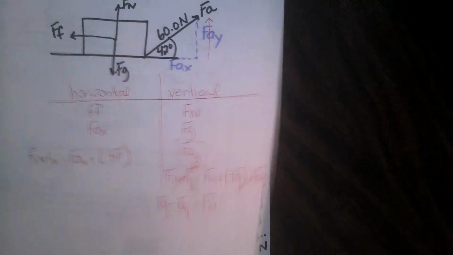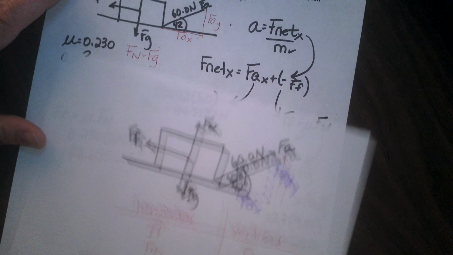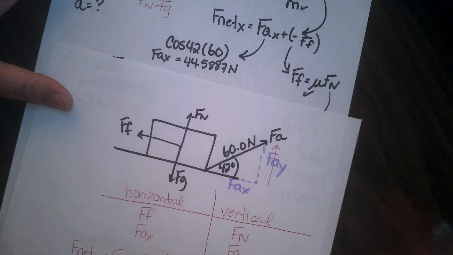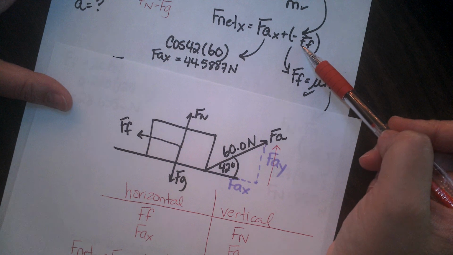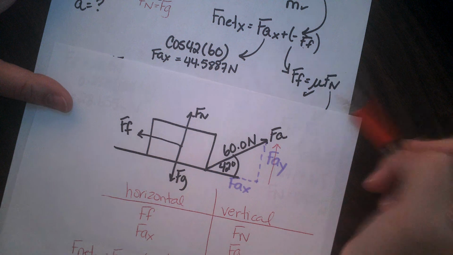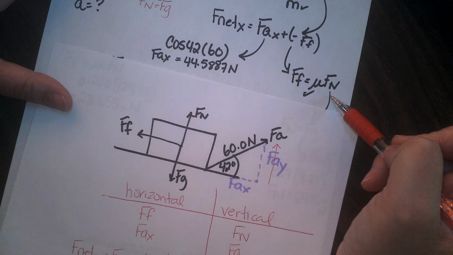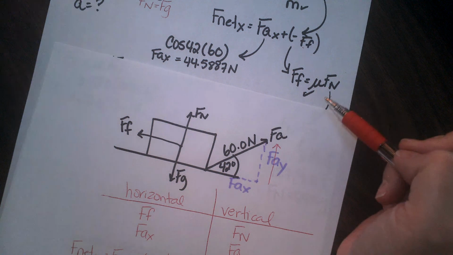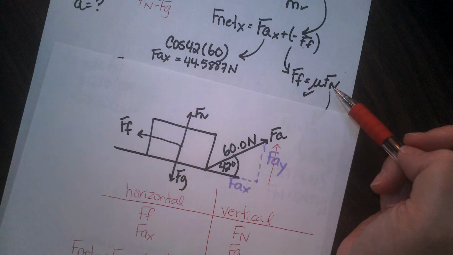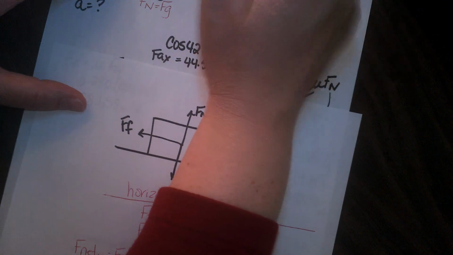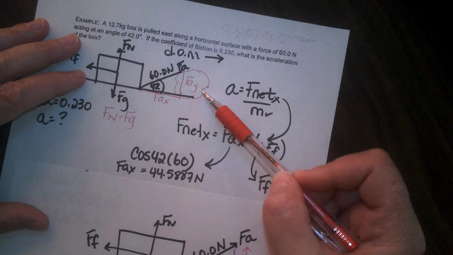When we go to this question here, we don't have the force of friction, so we need to relate it to the vertical position. And in my haste to solve the problem, which should indicate to you that this is a common error, I ignored this very critical piece right here.